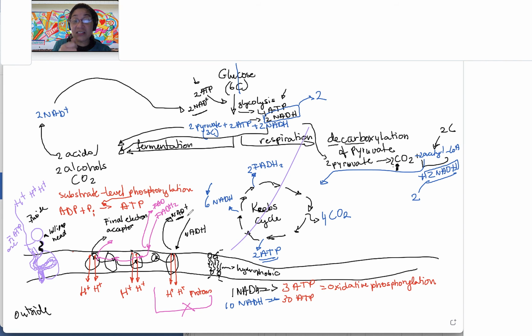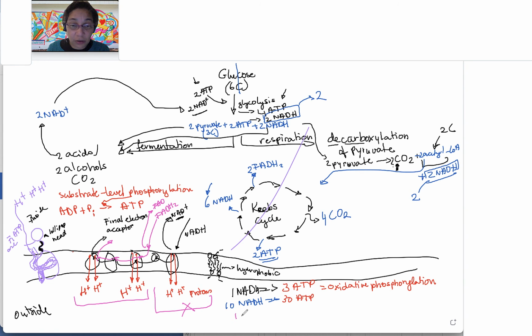Exactly. It starts a little later, and therefore FADH2 doesn't result in as many protons being pumped to the outside because it misses out on this first step. It starts here, and these protons are still being pumped to the outside, but not those.